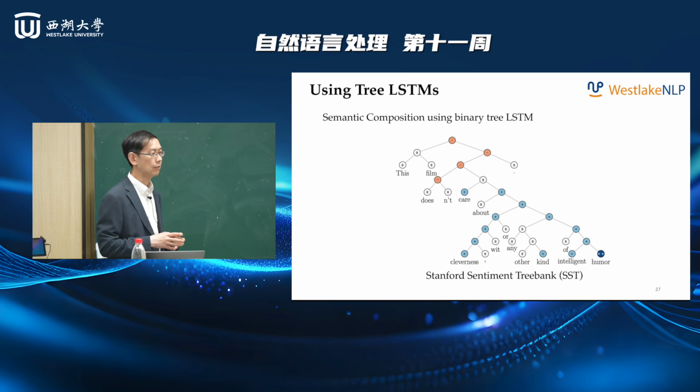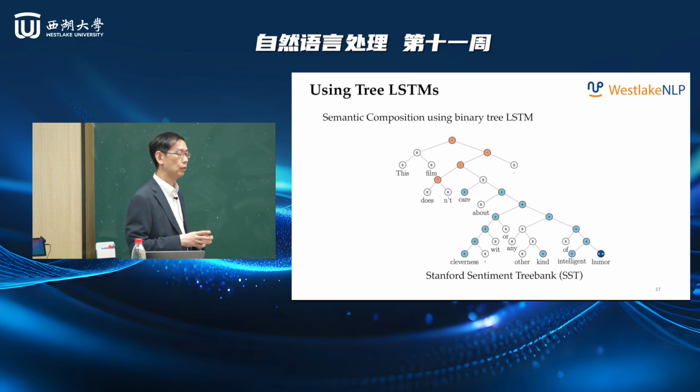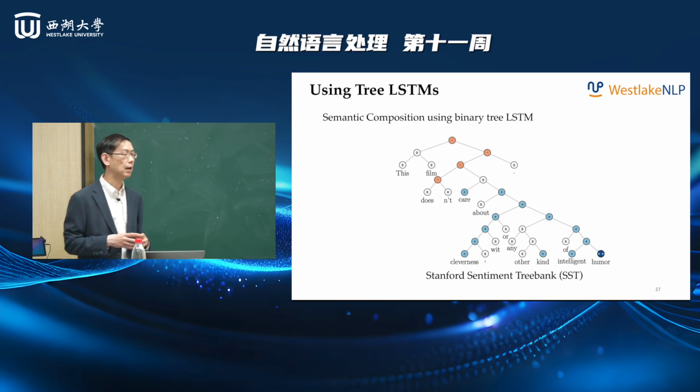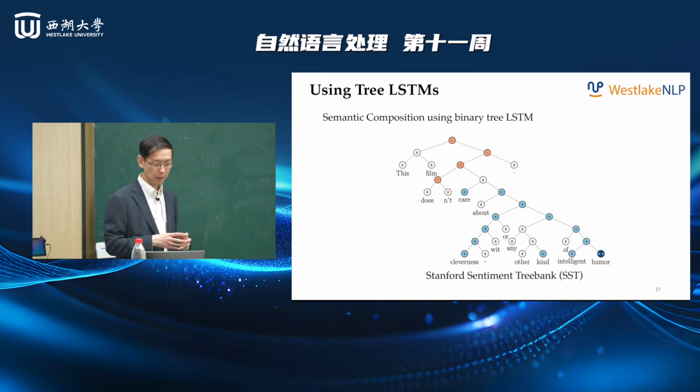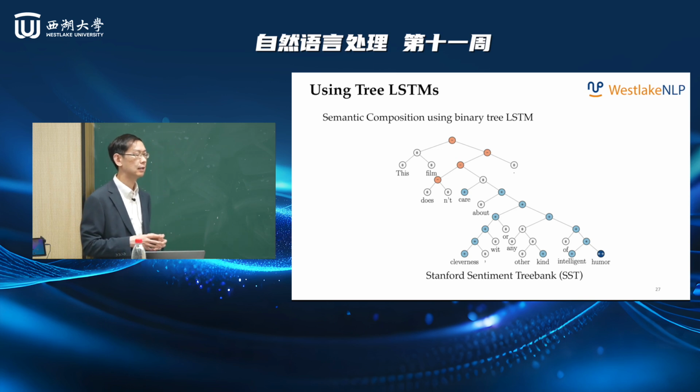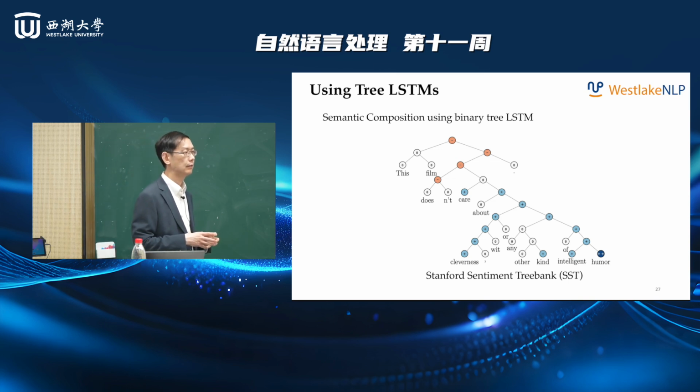So you can start from every word, from the word embeddings, and use a TreeLSTM to represent the hierarchical structure bottom up. Then when you have the representation of every node, you can do a binary sentiment classification by adding a classifier, right?